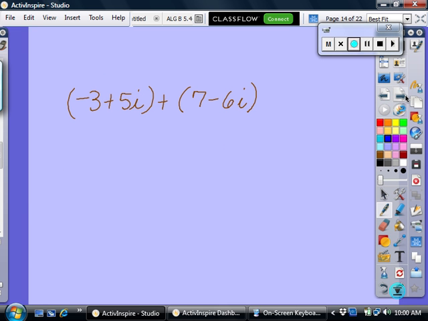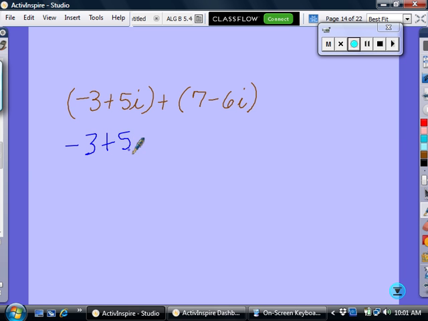All right, we can add, subtract, multiply, and divide with complex numbers. And here's how easy it is. Add the real to the real and the imaginary to the imaginary. Now this is in parentheses, and especially if we were subtracting, we would need to keep that in mind.